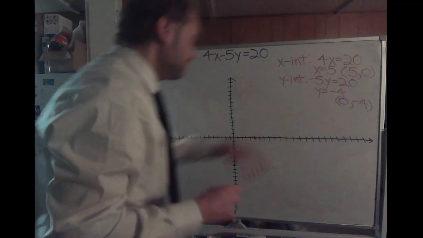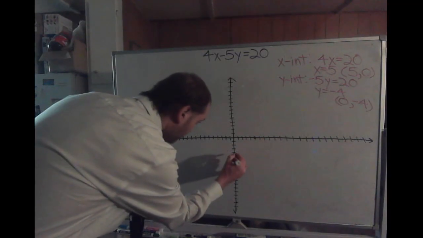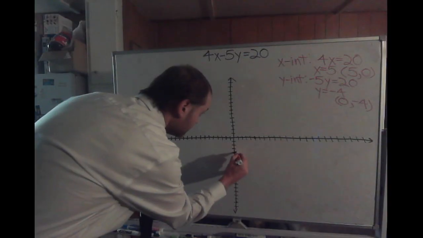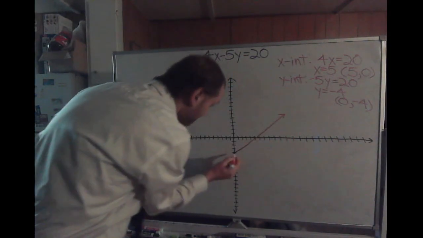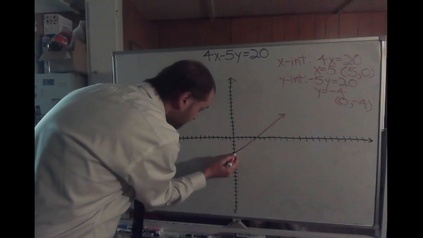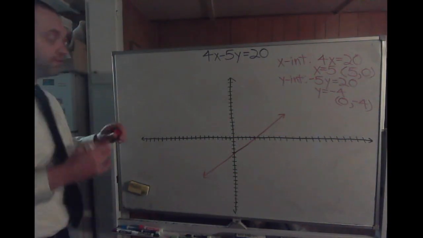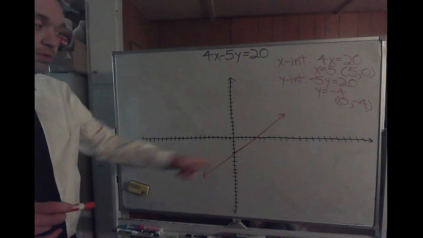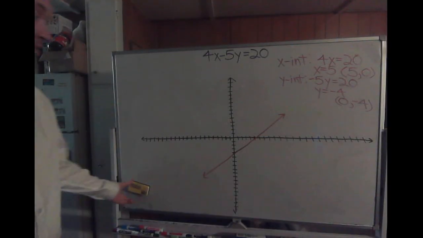Your y-intercept is 0, negative 4. Let's find 0, negative 4, which would be right here. Now all I have to do is connect the dots and then continue through them. And there's my graph of the line 4x minus 5y equals 20 by connecting the x and y intercepts together.